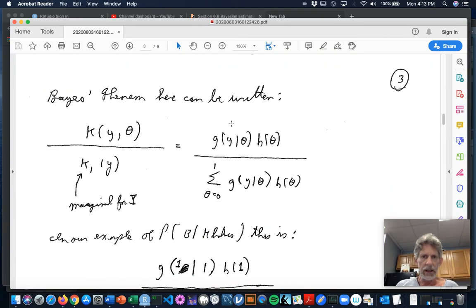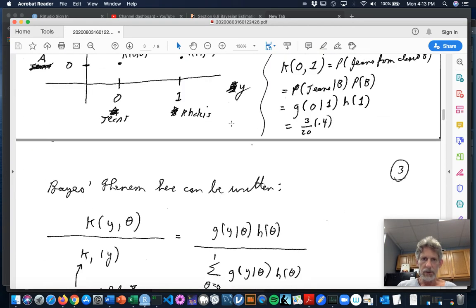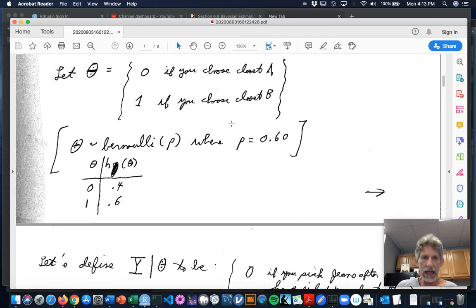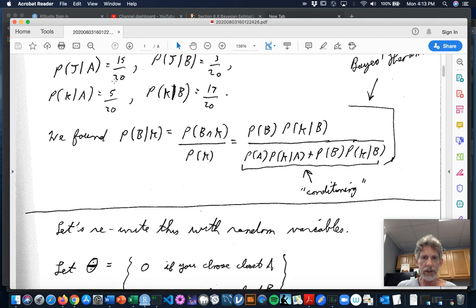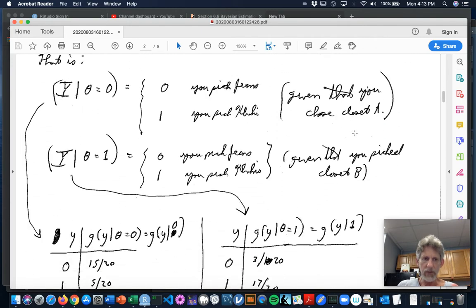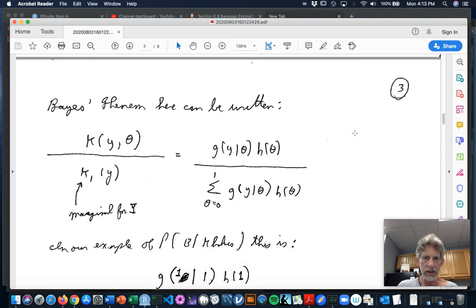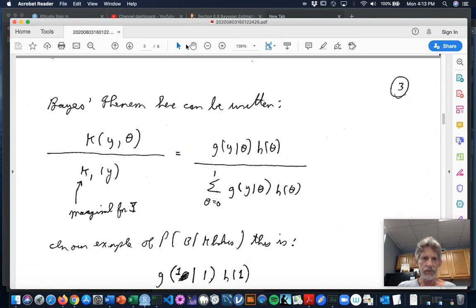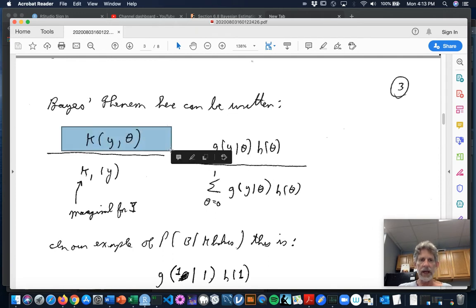Okay, now Bayes' theorem, as done up here, using this new random variable notation could be written like this. So here's your probability of khakis and closet B, right?